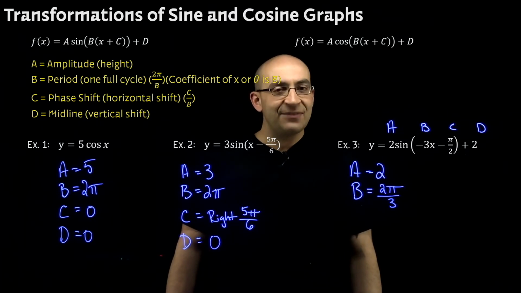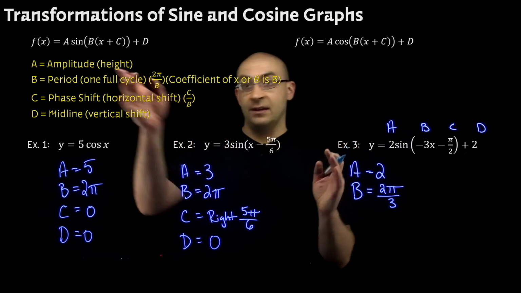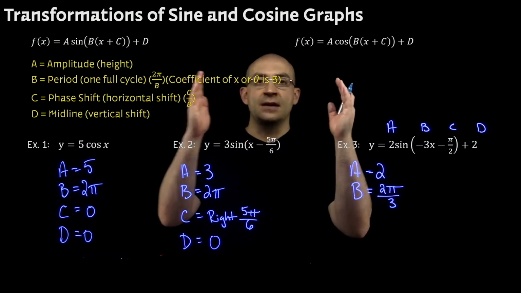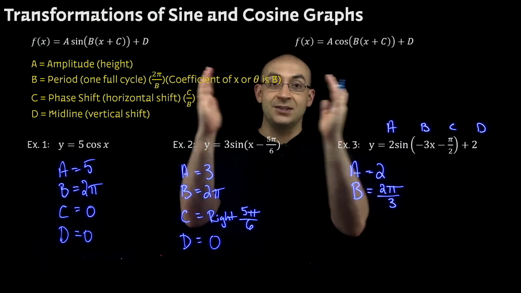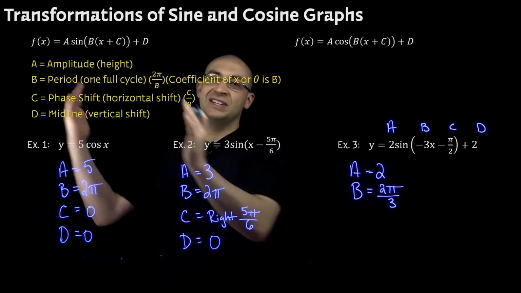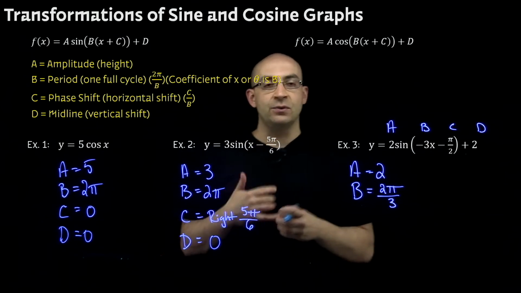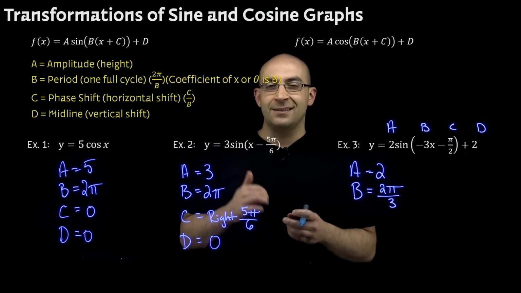Well, we can't have negative periods because, as we know, if we go back to the parent function, the period of sine and cosine is 0 to 2 pi, meaning 2 pi. That means it's 2 pi going to the right, another 2 pi going to the right, 2 pi going to the left. There is no negative value necessary because, again, when we talk about trig functions, they're not actually negative.